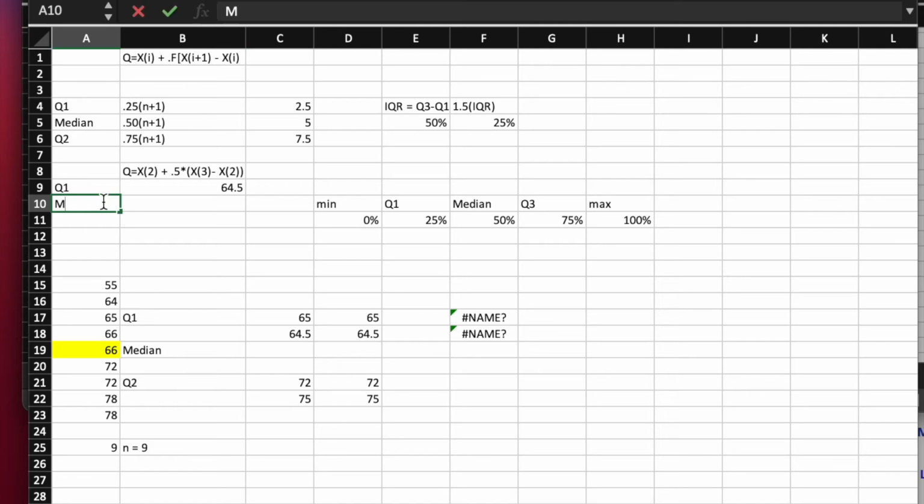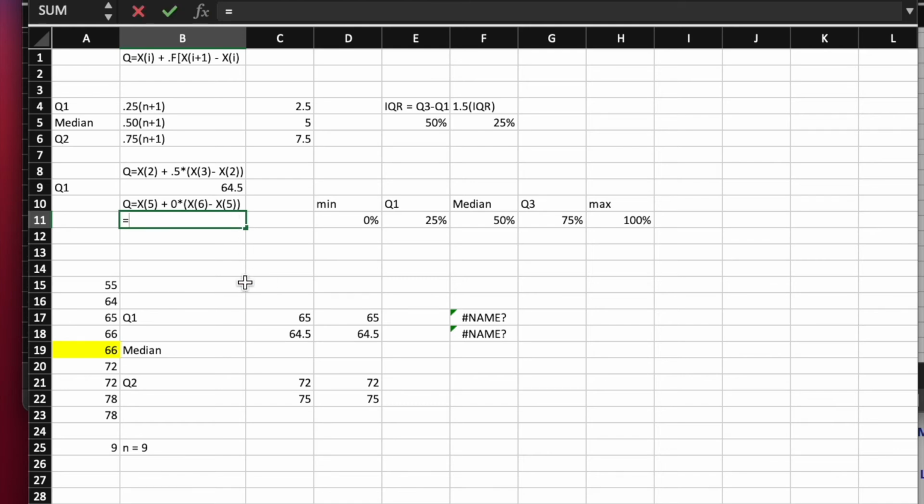Now we're going to do the median. I'll just copy this. Okay, so this is our equation if we want to find the median.